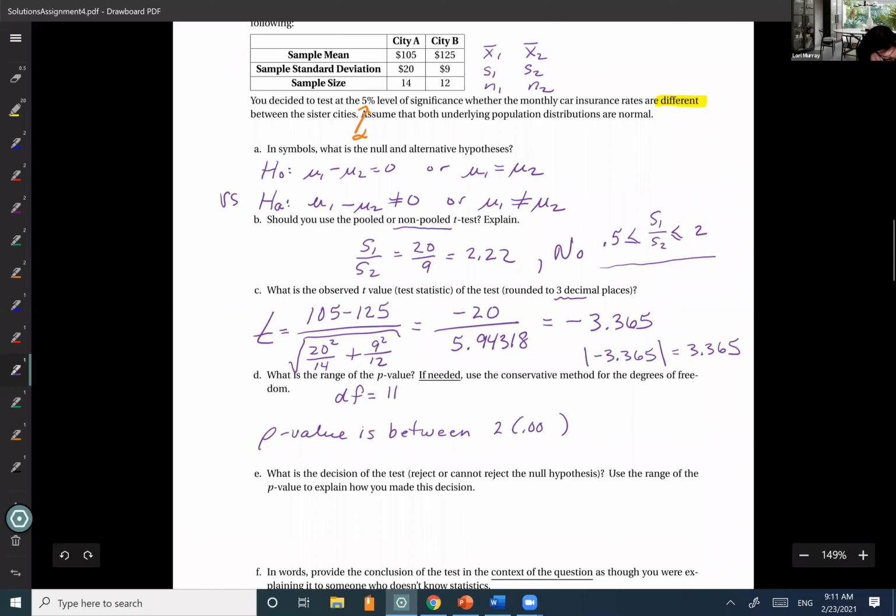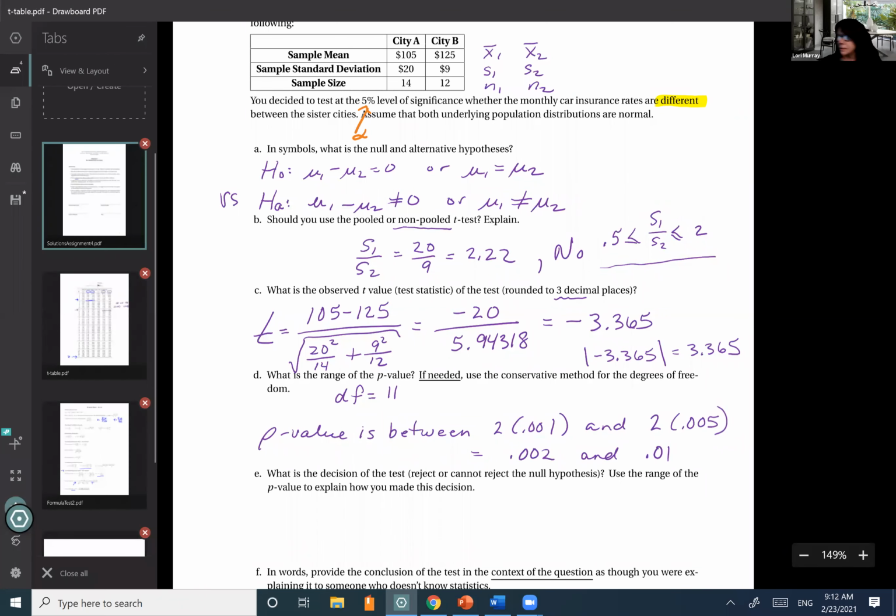I want to take the smallest one. And 2 times 0.005, which equals 0.01, and 2 times 0.001 is 0.002. So you want to multiply those out.